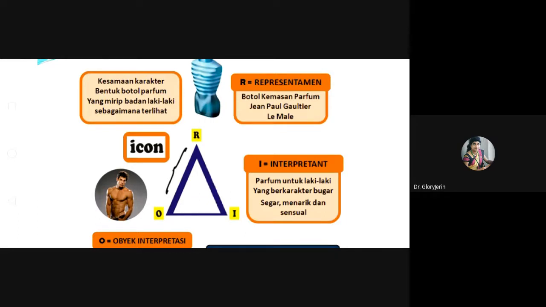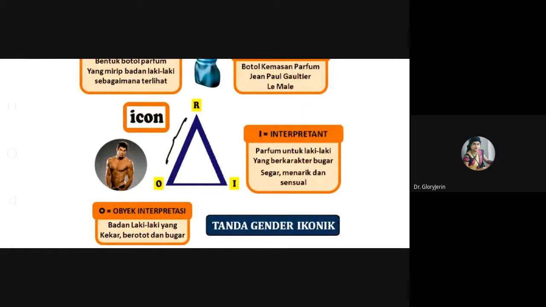The character of the perfume is for a man with macho, strong, sporty, sensual characteristics. So it's not me. I'm not macho, and my body does not look like that.